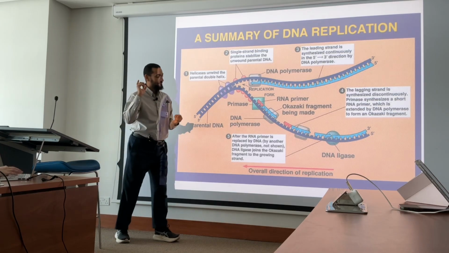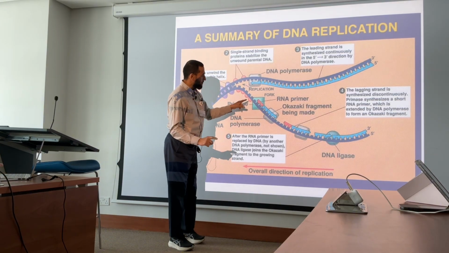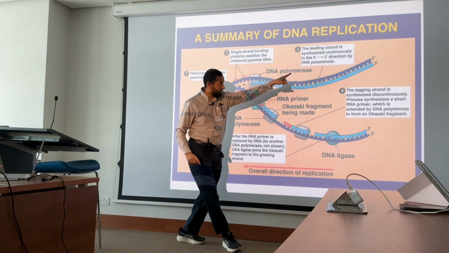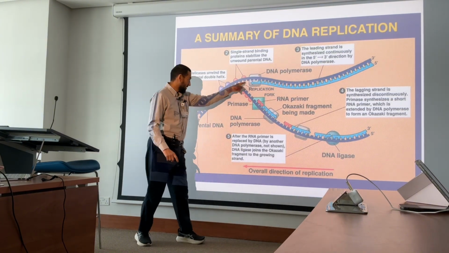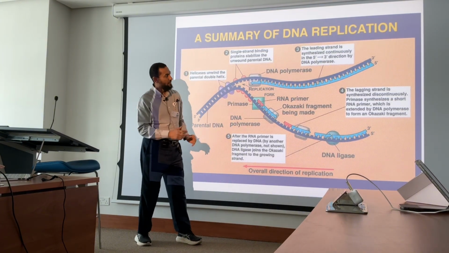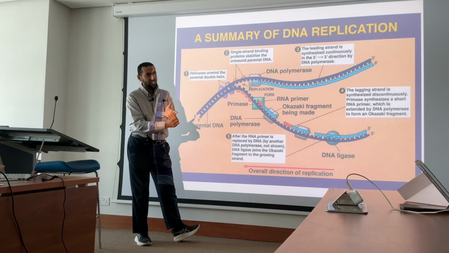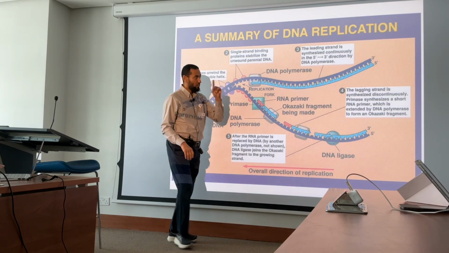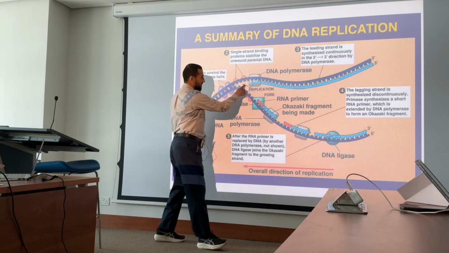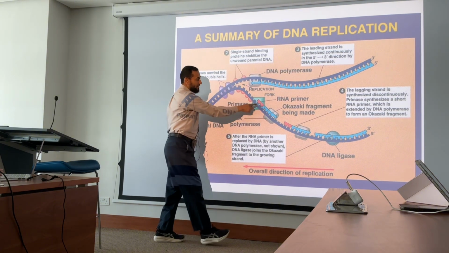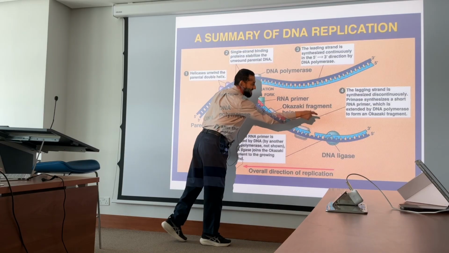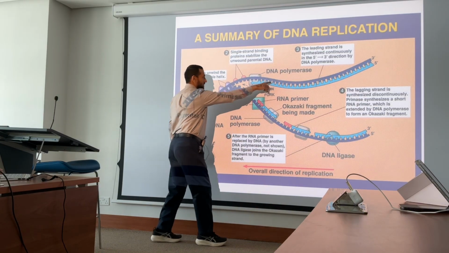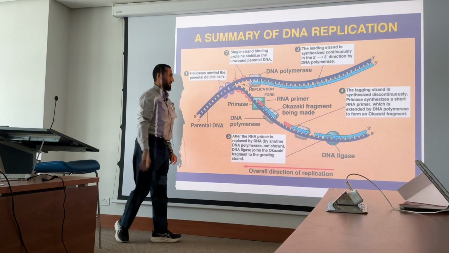Second step, RNA primase enzyme, which will insert RNA primer here and here. And this one will continue after the RNA primer. The third step is elongation by an enzyme known as polymerase 3, which will work always from 5 to 3 direction. This is why it will work as segments in the lagging strand, while it will work as continuous in the leading strand.